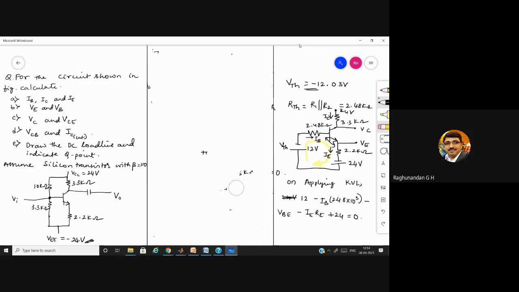Substitute for IE, do we have the value for IE? IE is IB into 1 plus beta.